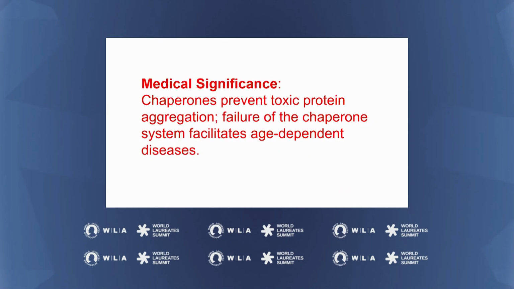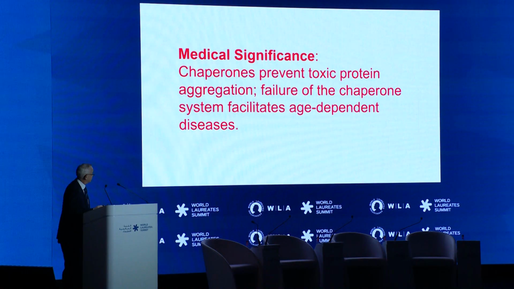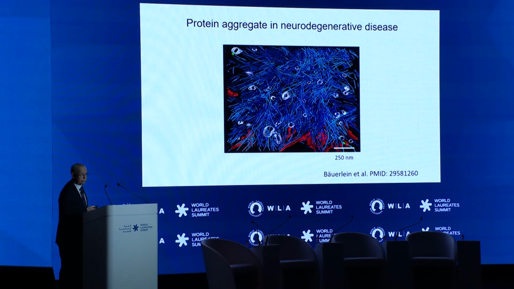Now, it turns out that this function of preventing protein aggregation is medically very important, because when chaperone systems fail, this can facilitate the manifestation of various age-dependent diseases such as Alzheimer's disease, Parkinson's, Huntington's disease, which are associated with the formation of protein aggregates. Here is how such an aggregate looks like.